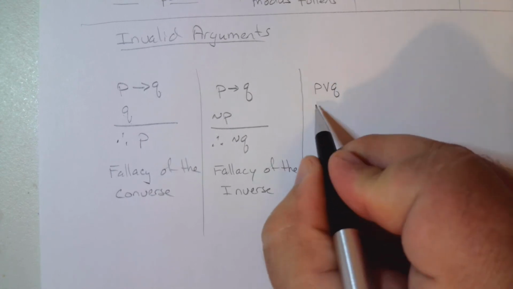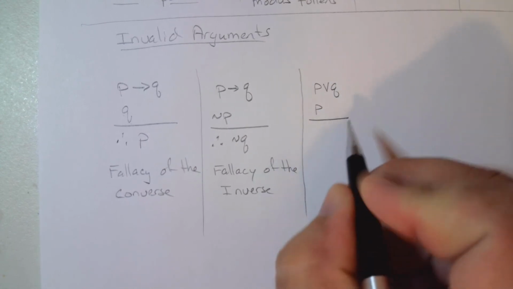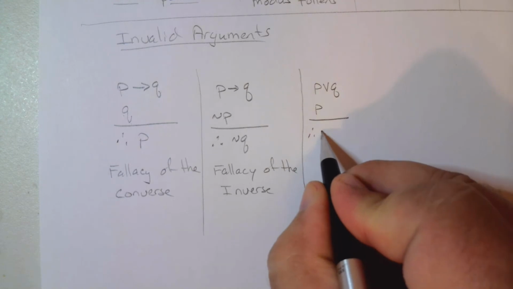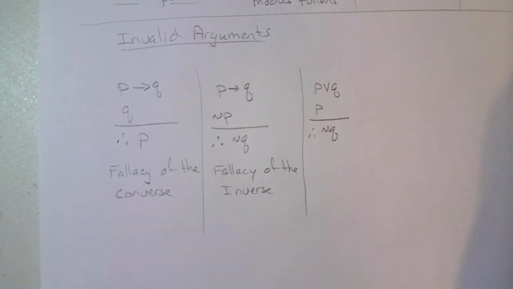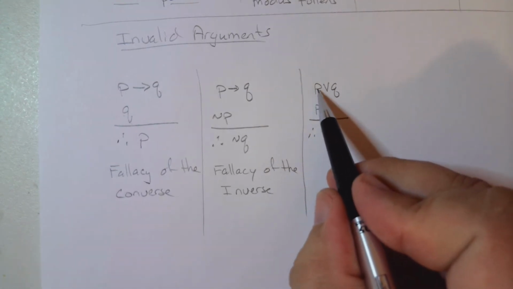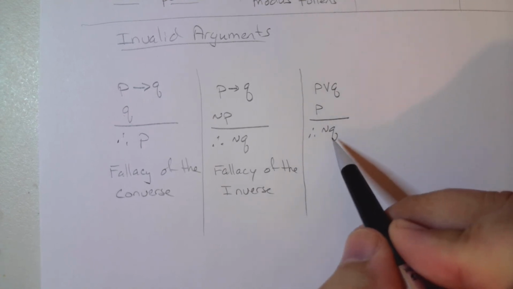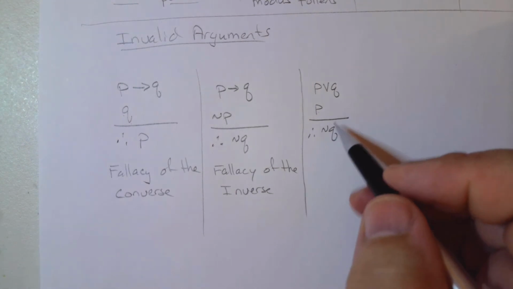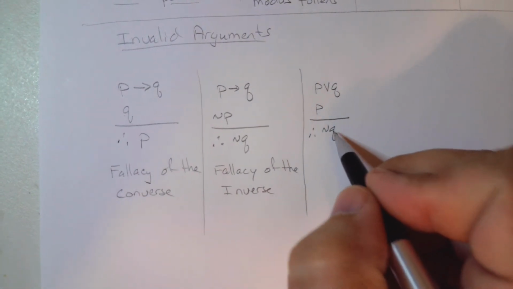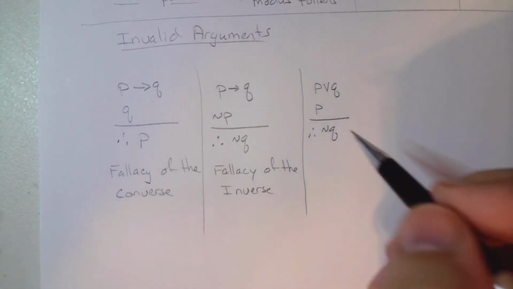P or Q, then P, and P, then not Q. If I have A or B, and I took A, it doesn't mean that I didn't take B, and won't take B. That's just that you can't be sure of that. They could be the same thing.